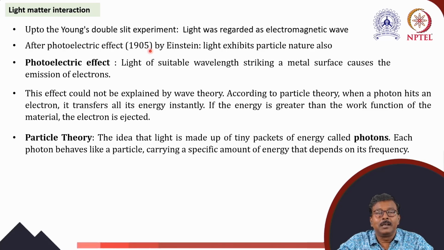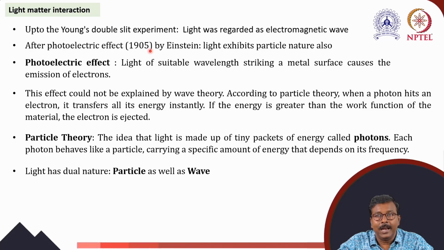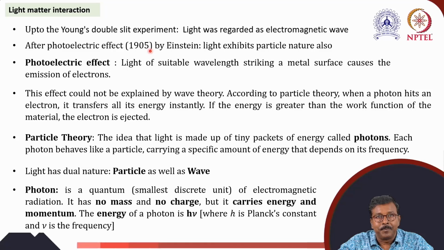So finally we can consider that light consists of tiny packets of energy, or photons. This is called a photon, and this photon behaves like a particle carrying a specific amount of energy, h nu. h is Planck's constant and nu is its frequency.